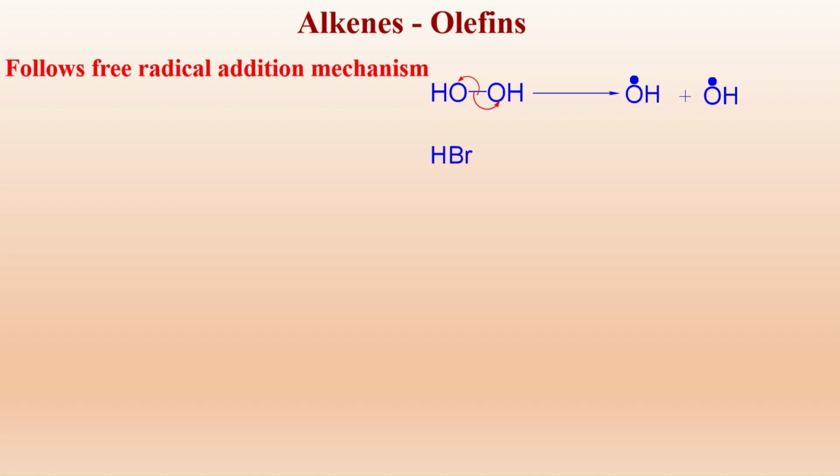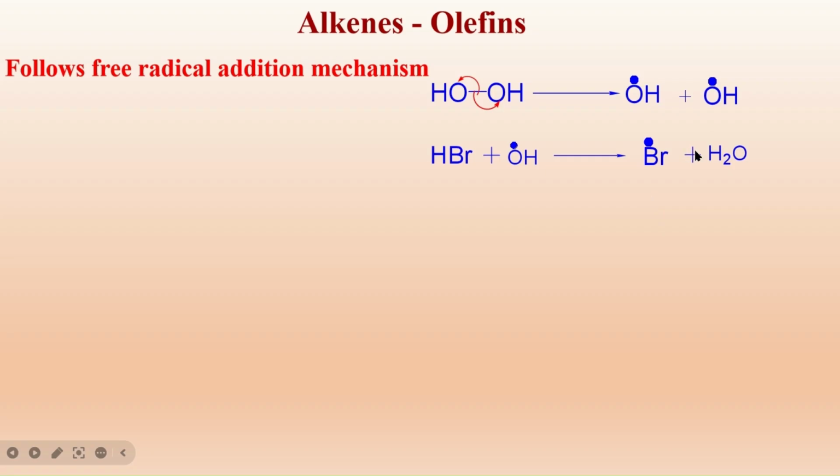The hydrogen bromide reacts with the OH free radical which is formed, and it undergoes homolytic cleavage again to give an H radical and a bromine radical. The H radical combines with the OH radical to give H2O, and the bromine radical gets generated.